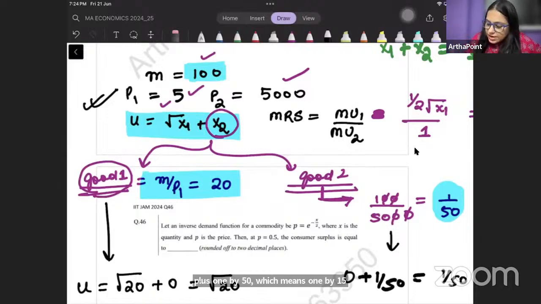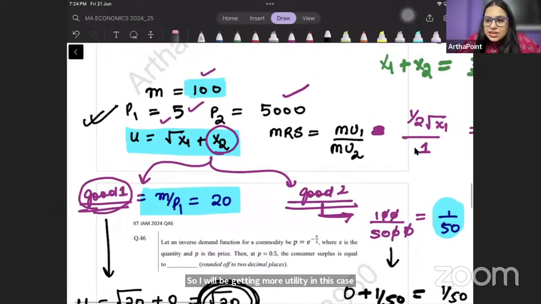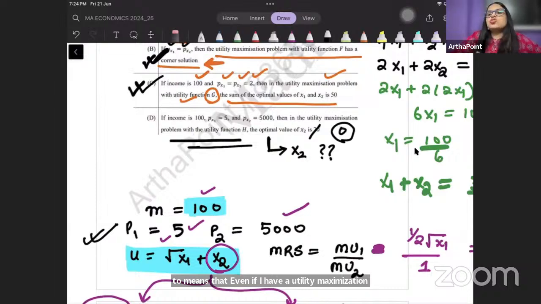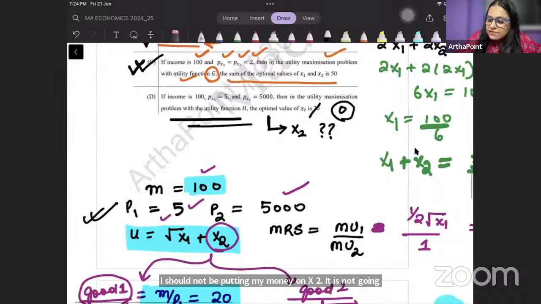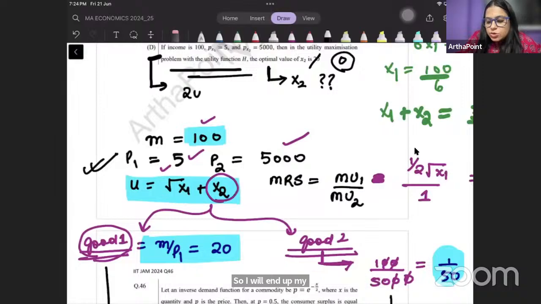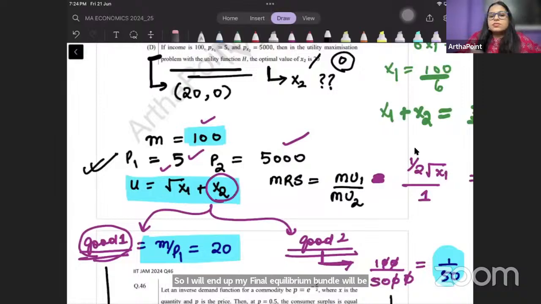So I will be getting more utility in this case. It means that even if I have a utility maximization problem, I should be consuming 0 units of X2 only. I should not be putting my money on X2. It is not going to maximize my utility within the options available to me. So my final equilibrium bundle will be 20,0.